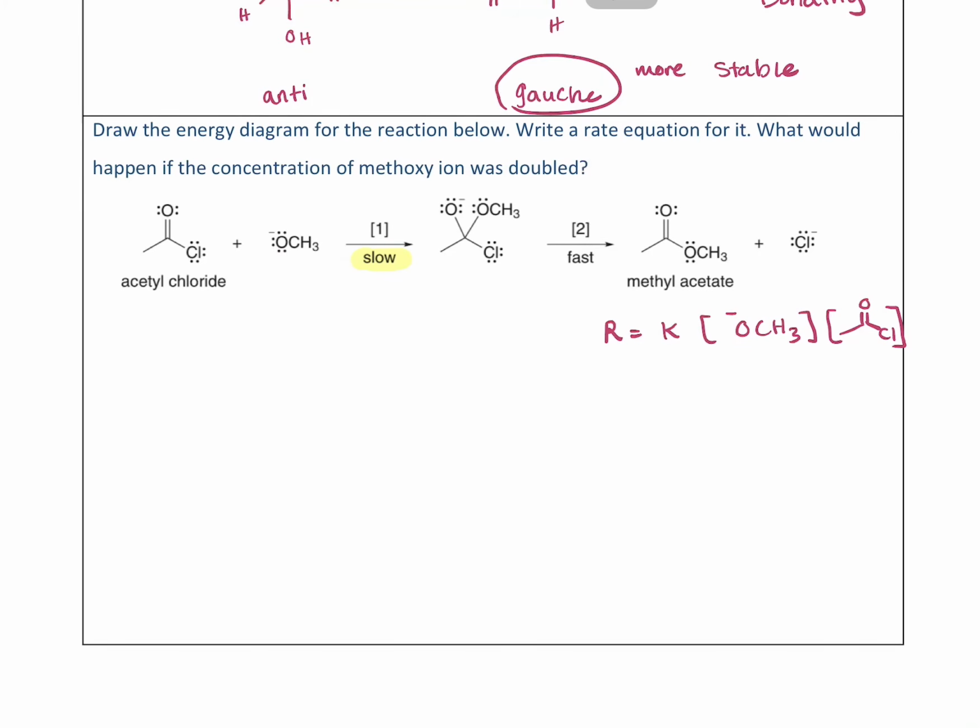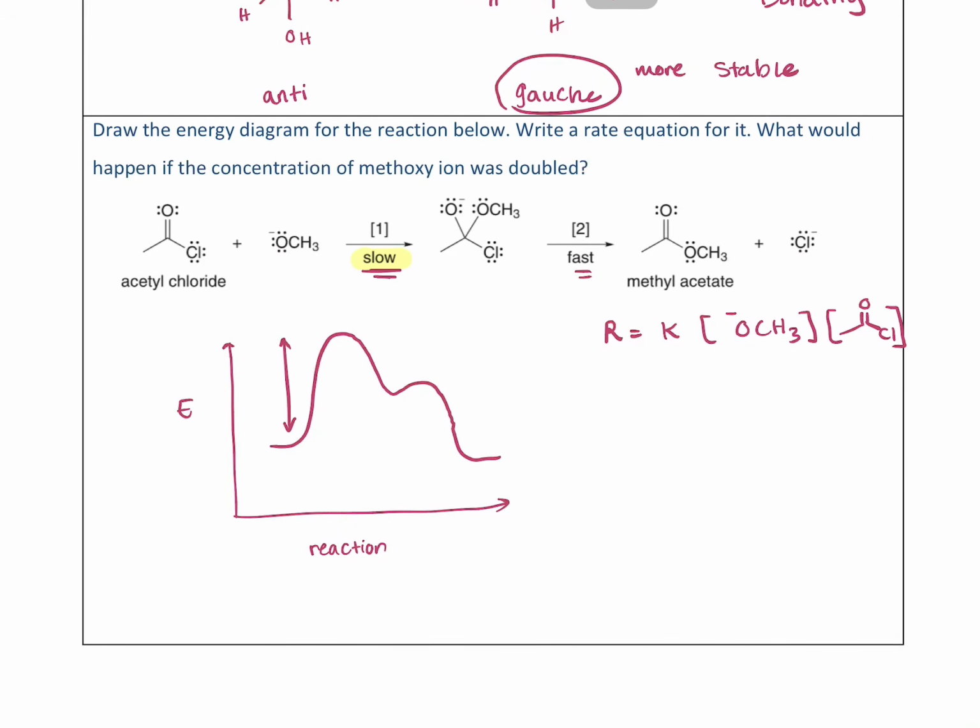And then in order to draw the energy diagram for this reaction, we have energy and then reaction coordinate here. So it will look something like this, because the first part is slow and the second part is fast, and that's the activation energy that you see, the difference of activation energy you see here and here, that makes them slow or fast in comparison.